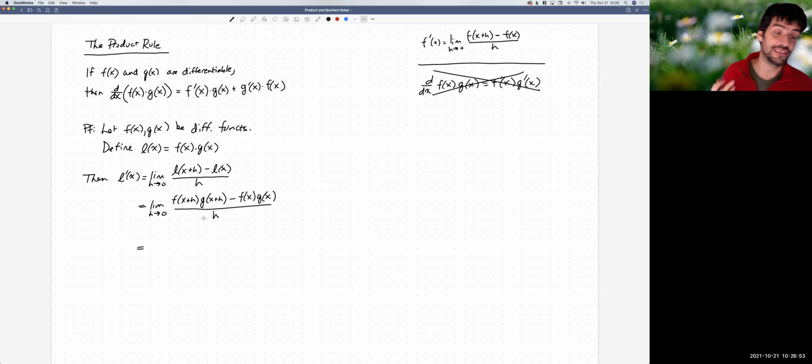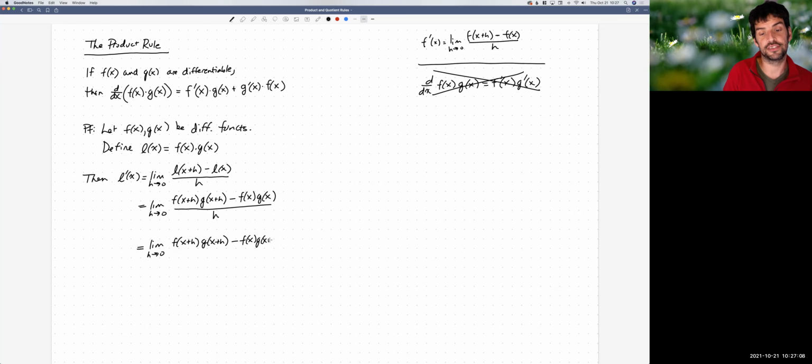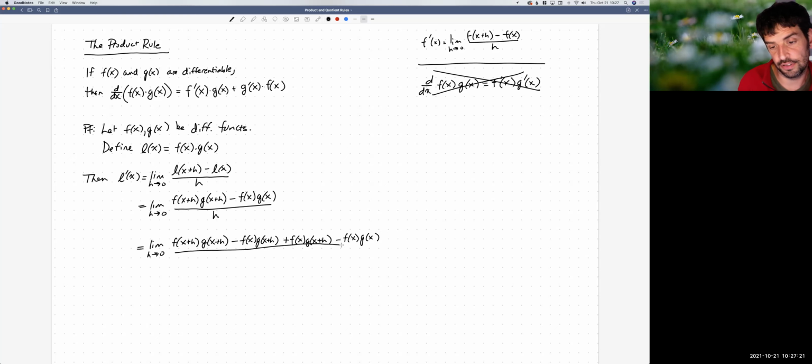Because what I'm going to do is add 0 in a very particular way. The way in which I'm going to do this is I'm going to subtract f of x times g of x plus h, and then add that same thing back, right? So all of this is still over h, right?